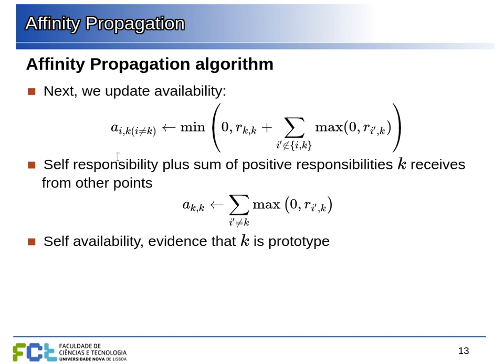So basically, the availability of a point to be a representative, in this case it will be K being available to represent point I, and we're going to look at the maximum of the votes for all the other points for this particular representative, so all the others that are not I, and we're going to add this to the self-responsibility.